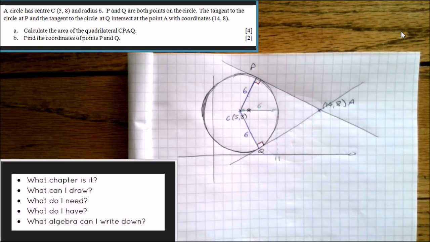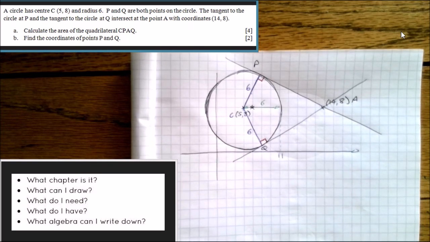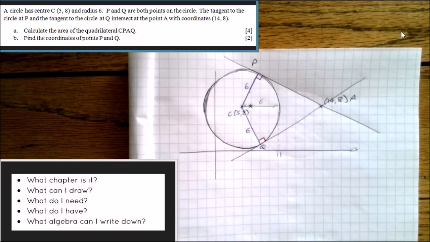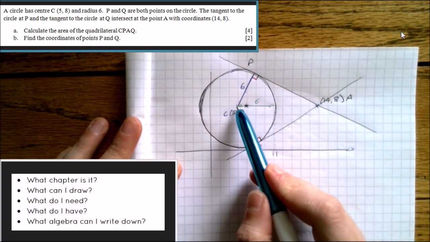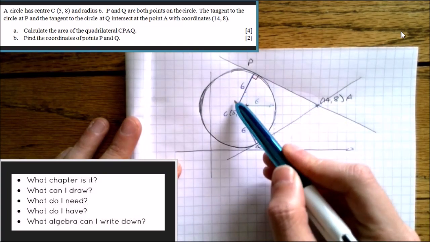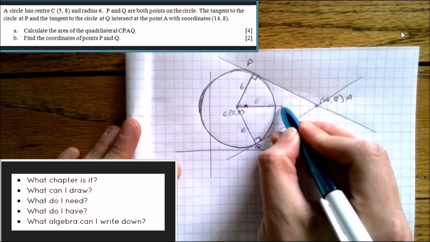No, I think we've got everything that we have. Now what algebra can I write down? I don't think I need to write anything down now. I just want to get stuck in. I want to find the area. Well, the area of this kite, I think the easiest way to do that is going to be to split it up into 2.